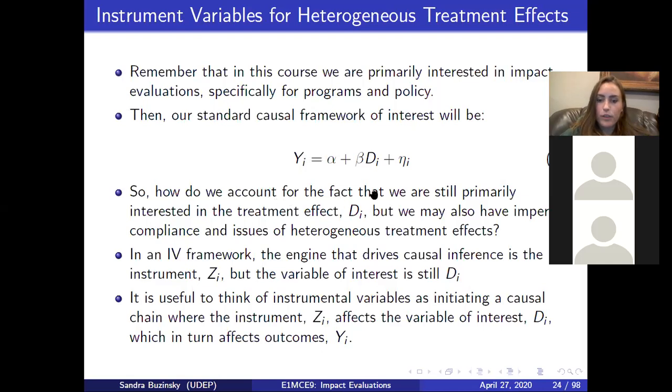So overall, we're primarily interested in our treatment effect dummy di, but sometimes we might also deal with issues such as imperfect compliance or heterogeneous treatment effects. In an IV framework, the engine that is driving causal inference is Zi. So Zi is where we are able to draw causal inference.